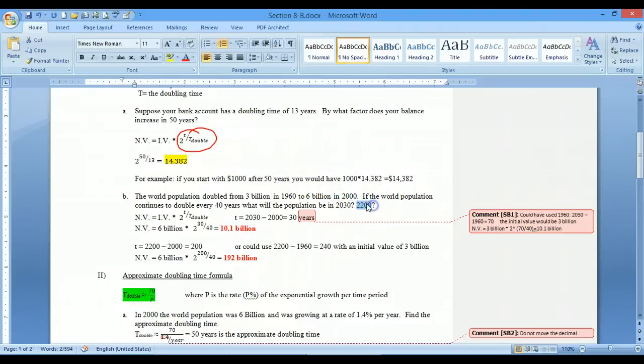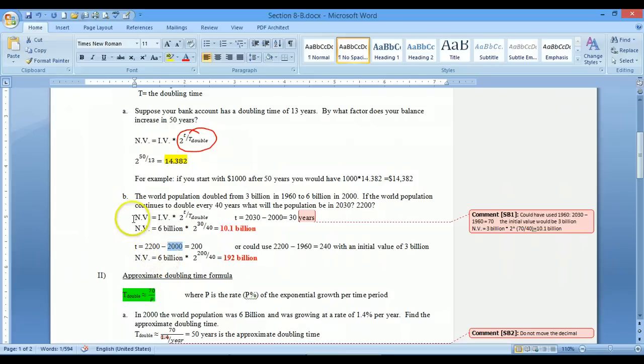So 2200 subtract the year 2000 gives me a time elapsed of 200 years. I could have done my 1960 previously, but we're going to stick with just the 200. Now, because I used my year 2000 as the initial, I need the population at the year 2000, which is 6 billion.